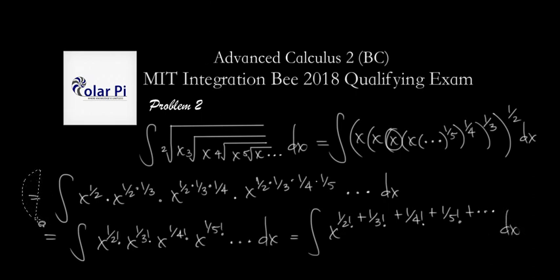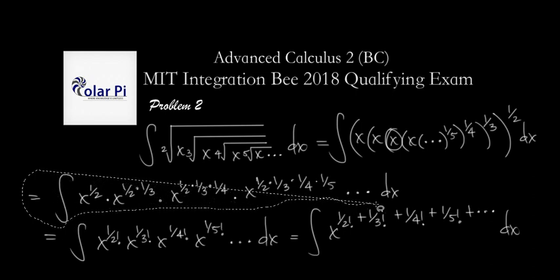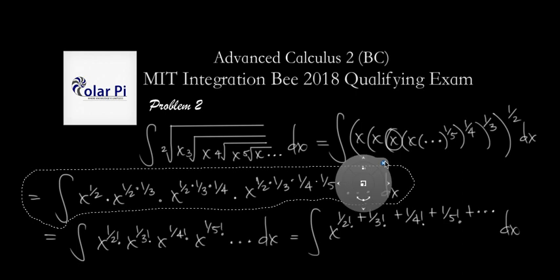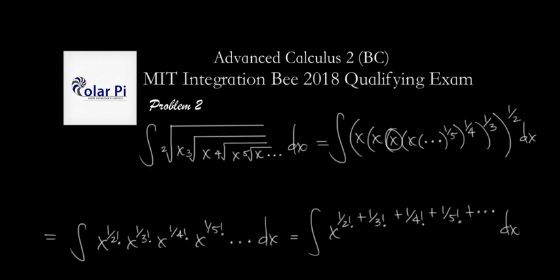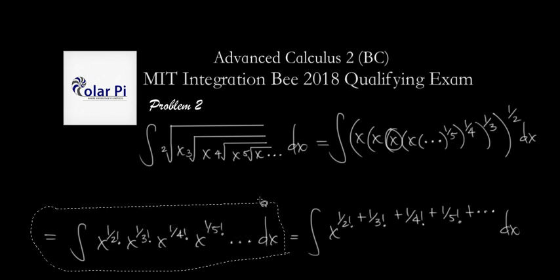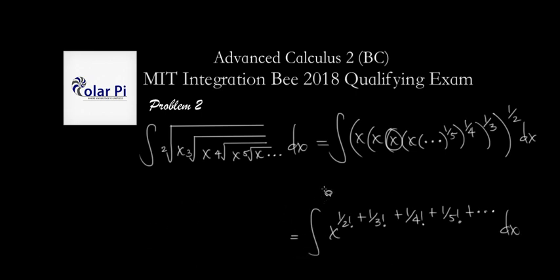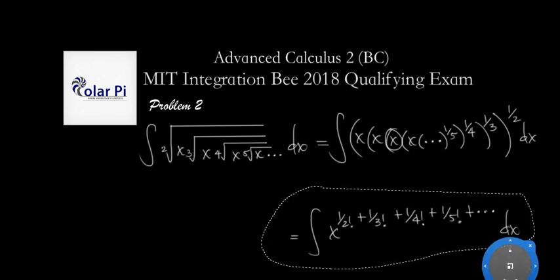Got it. Now, all we have left to do is figure out how to add 1 over 2 factorial, 1 over 3 factorial, and all that good stuff. If we can figure out how to add the exponents, then we can make a lot of progress.